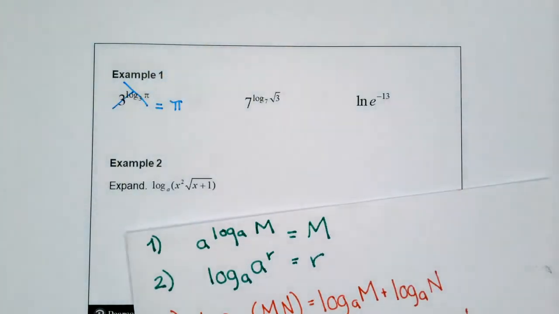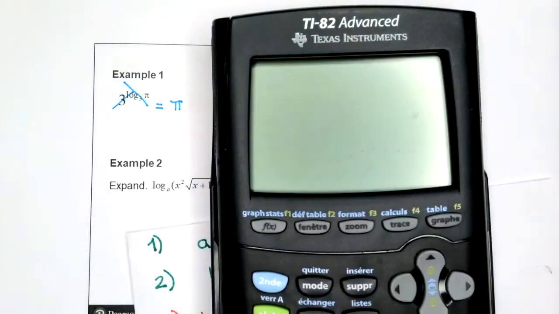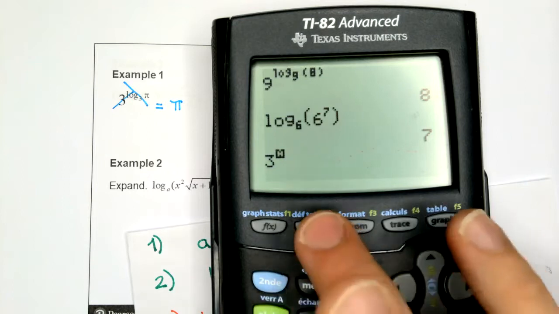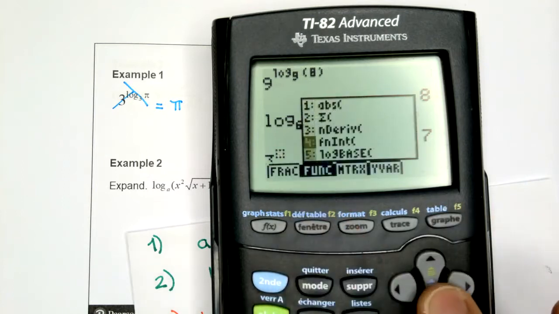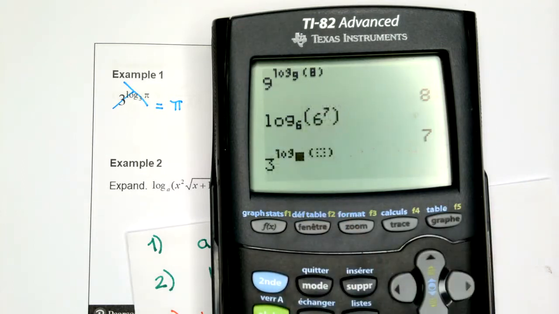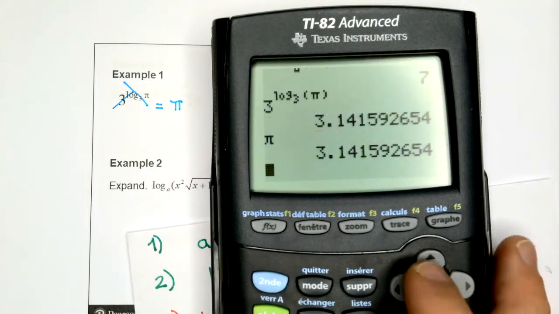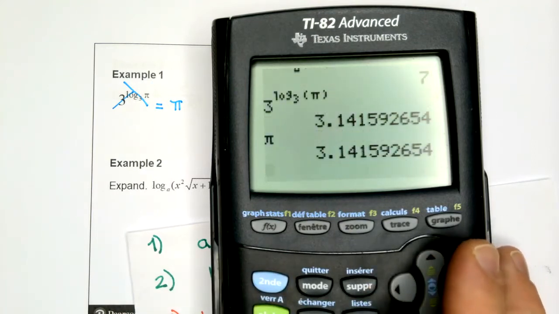We simplified to pi. This one we can check because those are all actually numbers I can put in my calculator. So 3 to the power of log base 3 of pi gives me the same decimal in my calculator as just putting in pi.